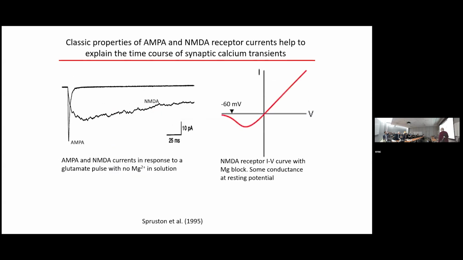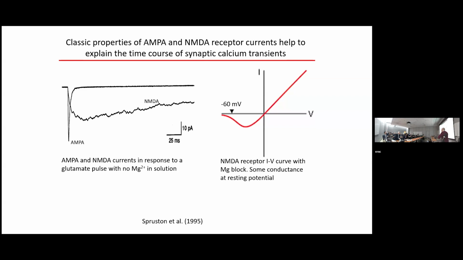And the reason for that, and I'll just skip right to this point, is that even though it's known that the synaptic response of the NMDA receptor from a glutamate pulse is slow, this is only when the magnesium component of the solution is there.